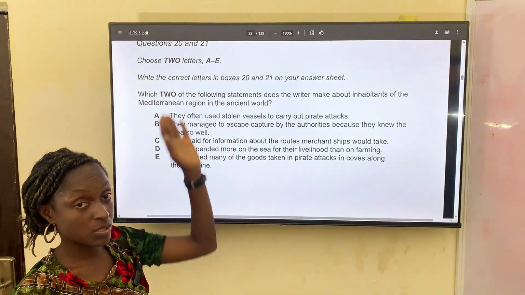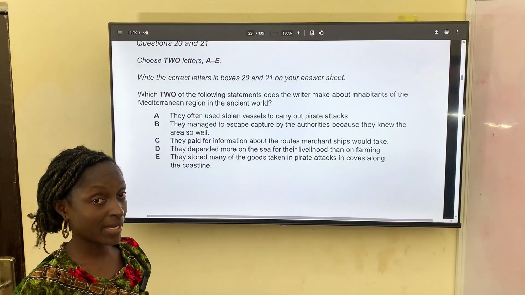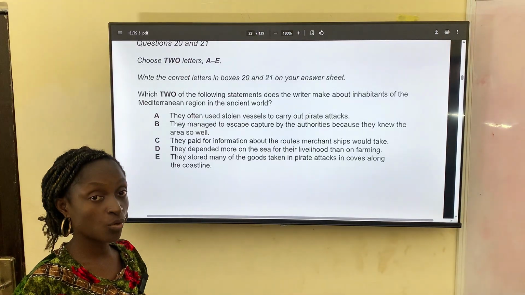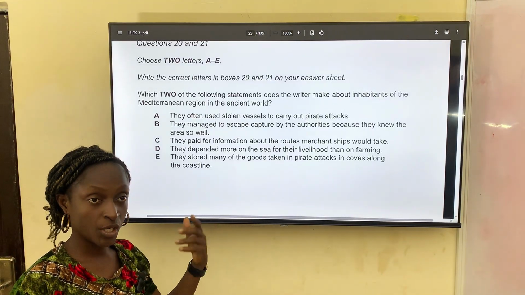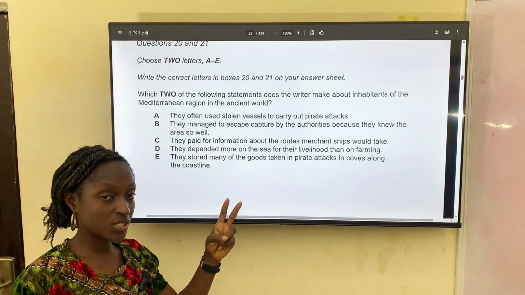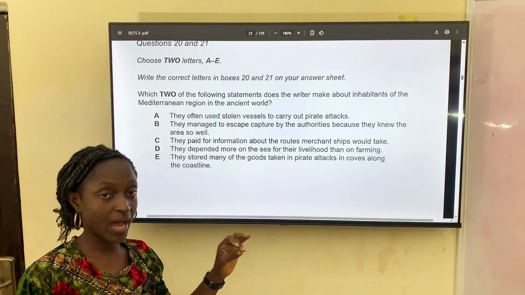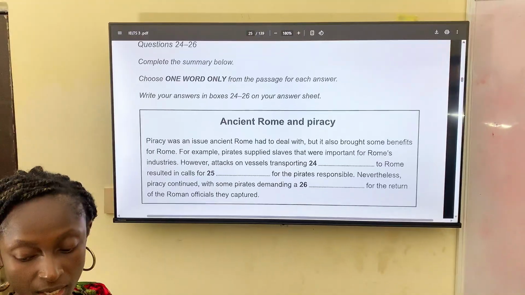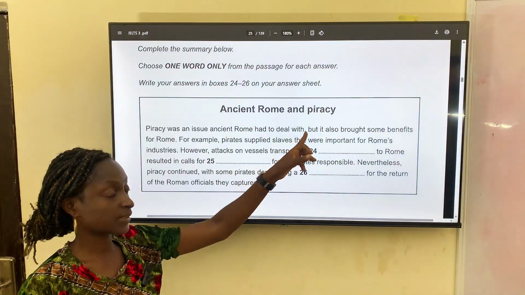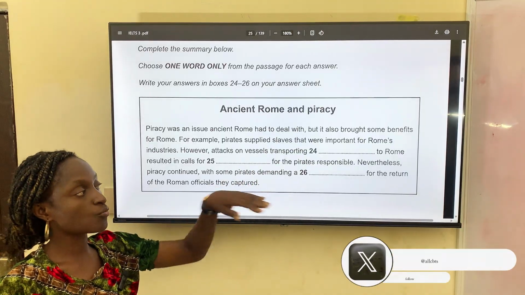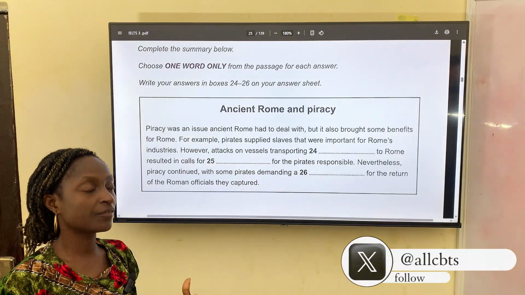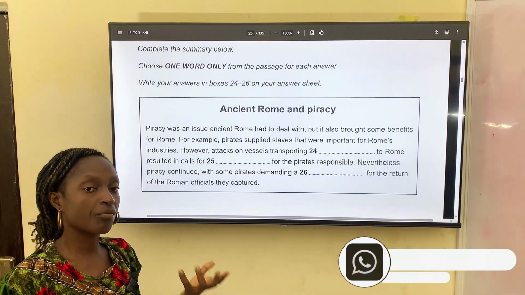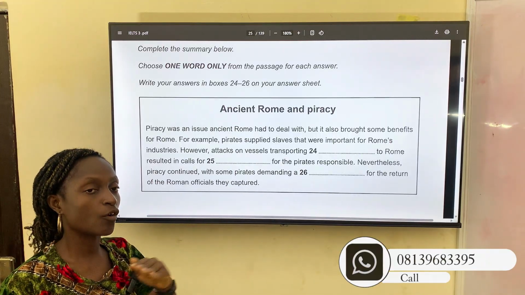So you can see now we have multiple choice. The first set was matching features, that's 14 to 19. Now 20 and 21 we have multiple choice. You can see that we have two sets already, two different kind of question already on that particular passage. Now the third is short answer. So under section 2, most of the time we are being given 2 or 3 different kind of question.